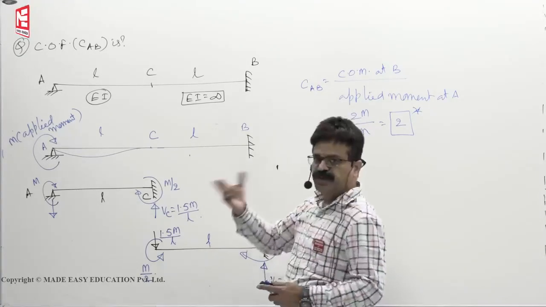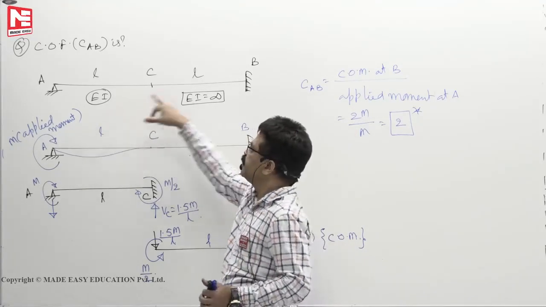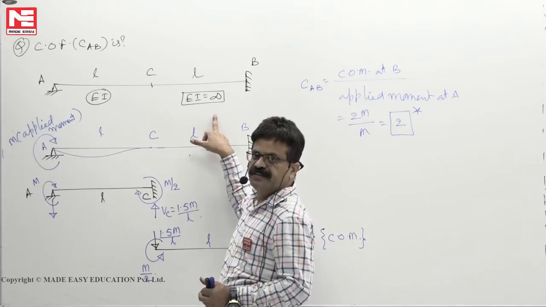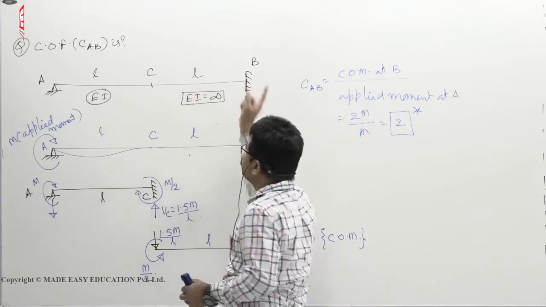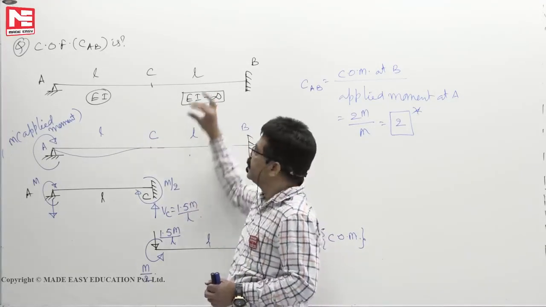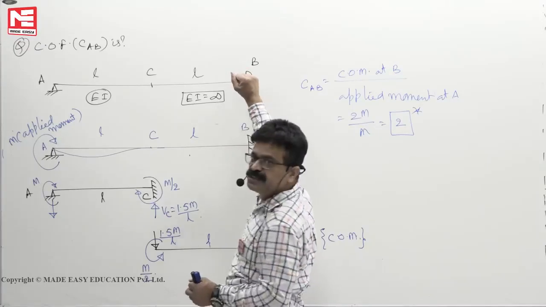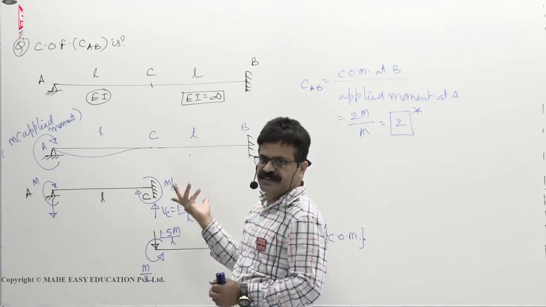Let us see now one more example. Once in prelims they have asked that question. This is 2EI, this is EI. That means this portion they have reduced, size they reduced. Then moment required to fix it is less than M by 2. As you have seen in this case, if it is stiffer, more effort is required to make the slope 0, 2M is required. Otherwise less effort.